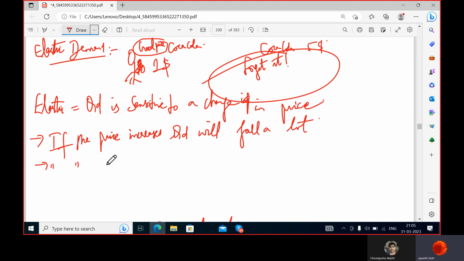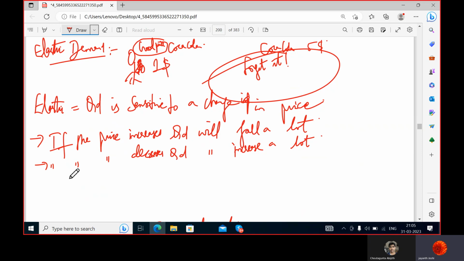If the price decreases, quantity demanded will increase a lot. In other words, the quantity of this thing that people want to buy is sensitive to price.